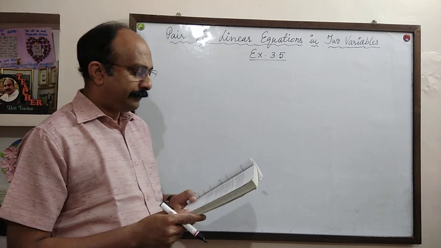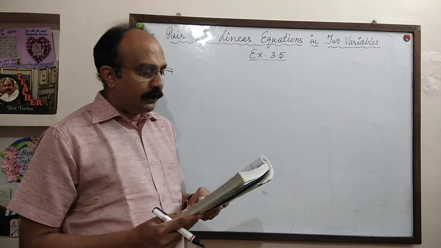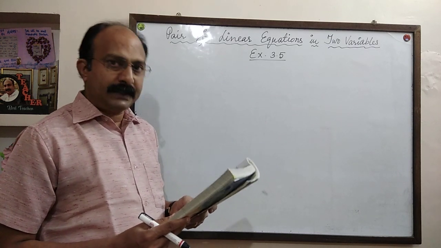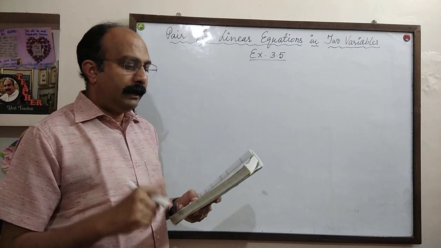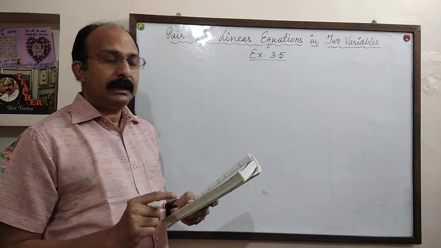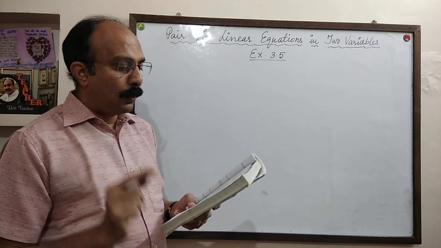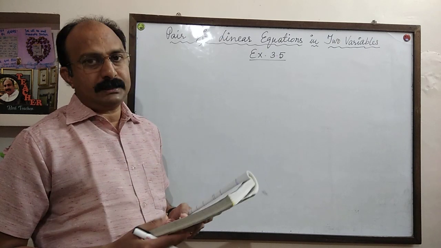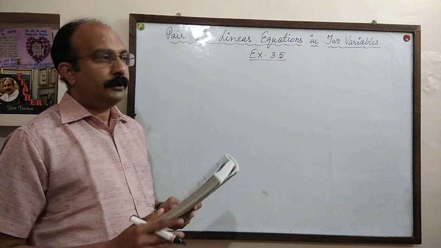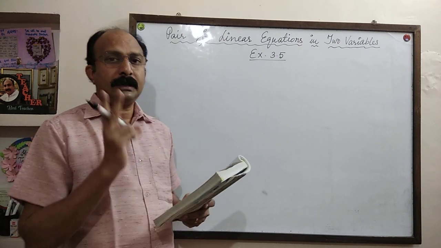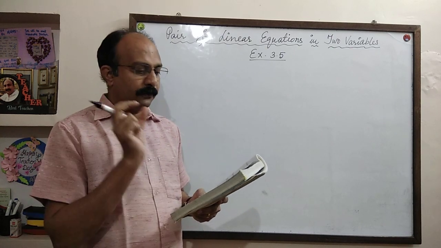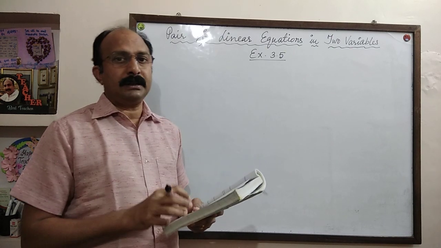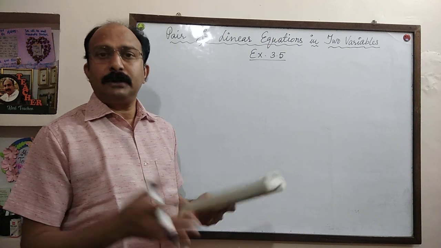First question. A part of the monthly hostel charge is fixed and the remaining depends on the number of days one has taken food in the mess. So the hostel charge consists of two things. One is a fixed charge, we can call it room rent.